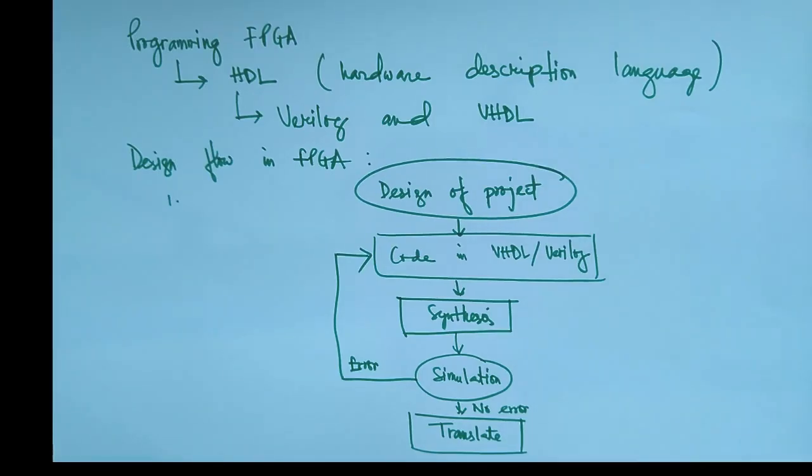Synthesis takes the code and translates it into the netlist, which is shown as a circuit diagram or schematic. After the synthesis, we go to the simulation, which is used to verify whether the design specified in the netlist is correct or not. Once the design is verified, we can convert the code into binary format.